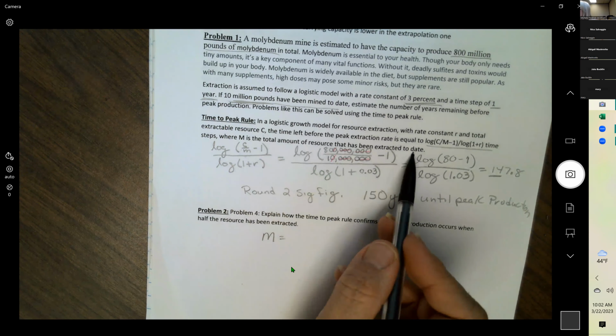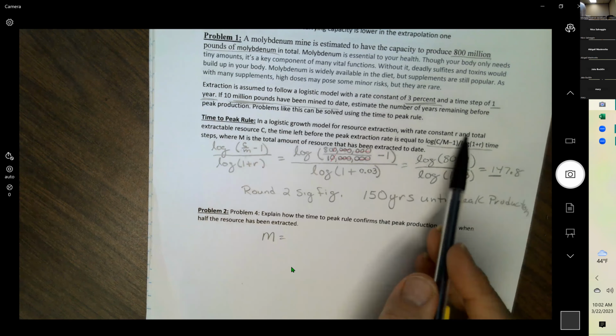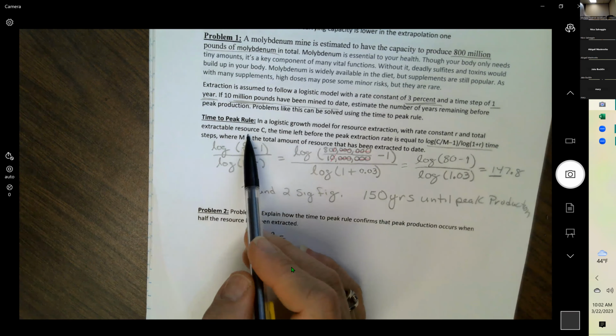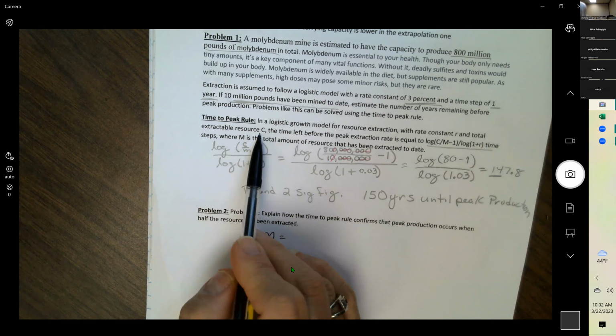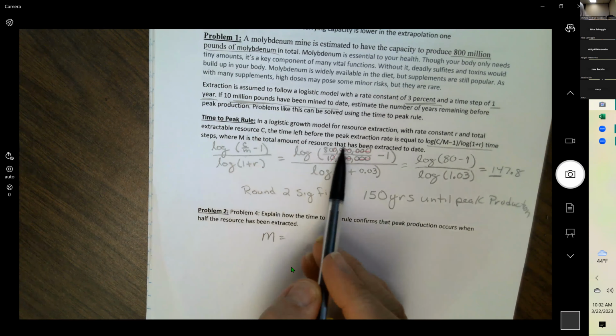Remember in our model, C is the total extractable resources, so the total amount there. And M is the total amount that's been extracted.